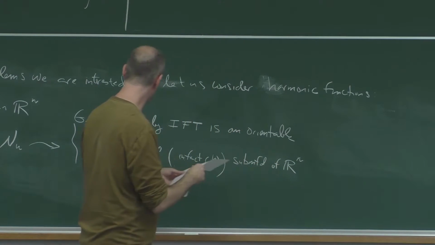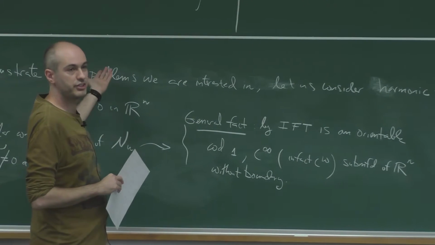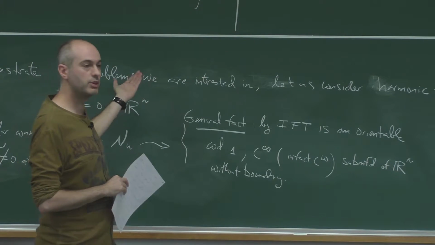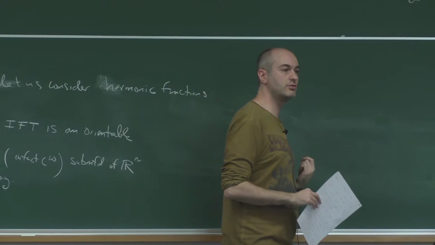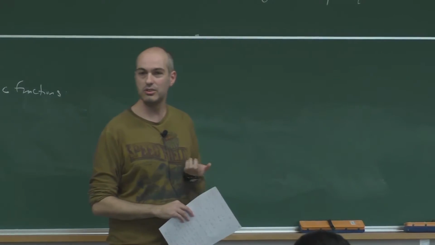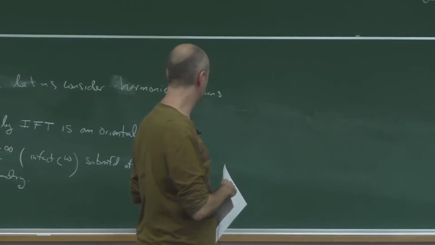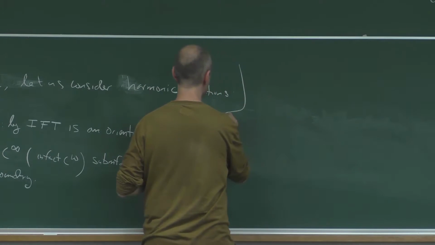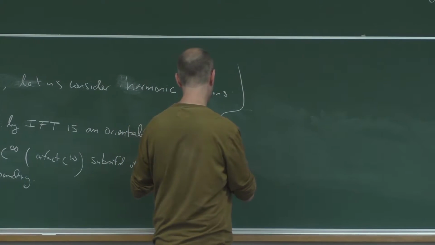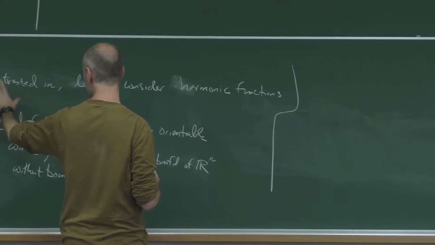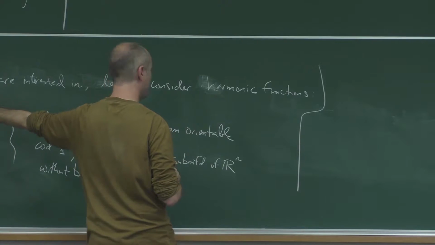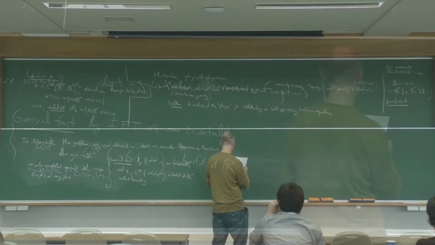So in this sense, we don't understand yet anything about the PDE, because the point is how the harmonicity is transmitted into the nodal set. This is a general fact, but we want to understand something more precise, specific to the harmonic equation.